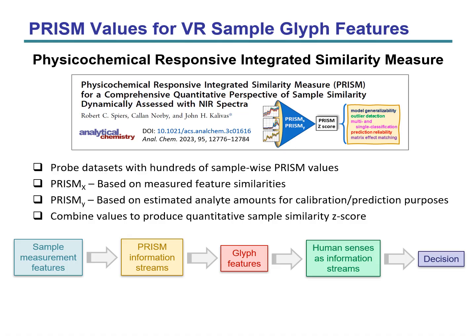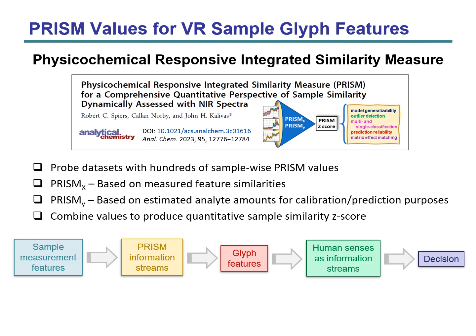And then we have PRISM Y. These are based on estimated analyte amounts. And we need this for quantitative purposes, which is what we want to do because we want to be able to predict concentration. And actually, we figured out how to combine these PRISM X and PRISM Y values into respective PRISM Z scores.